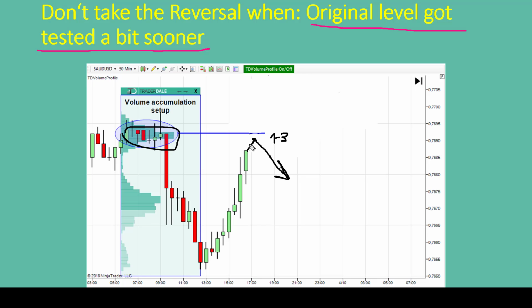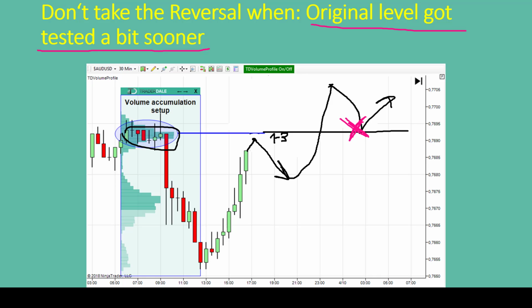When you see something like this, the level is already tested and you don't take the reversal. So after such a reaction, let's say the price returns, goes past the level, then returns, you don't take the reversal from there, because the level already worked only a little bit sooner.